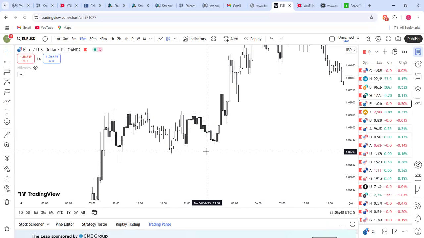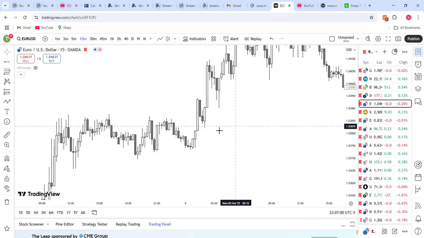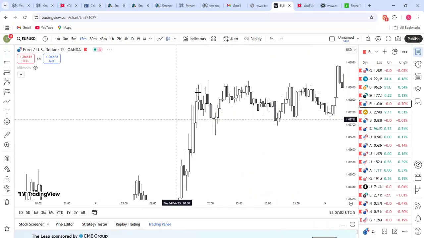So from the starting point, you need to understand the basic market structure. Now let's see another example.